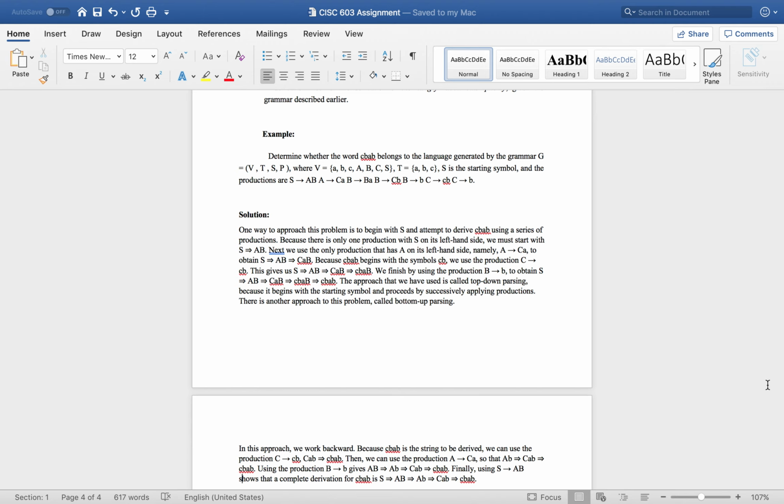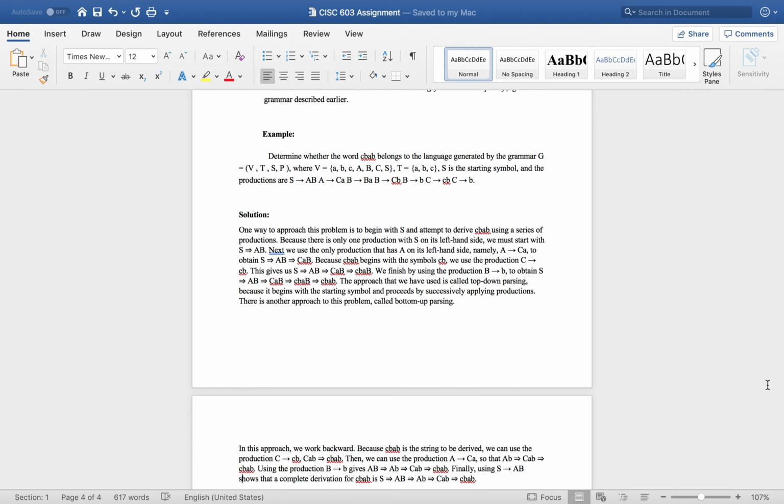The approach that we have used is called top-down parsing because it begins with the starting symbol and proceeds by successively applying productions. There is another approach for this problem called bottom-up parsing. In this approach, we work backward, because cbab is the string to be derived. We can use the production C produces cb, and CAB gives cbAB. Then we can use the production A produces CA.